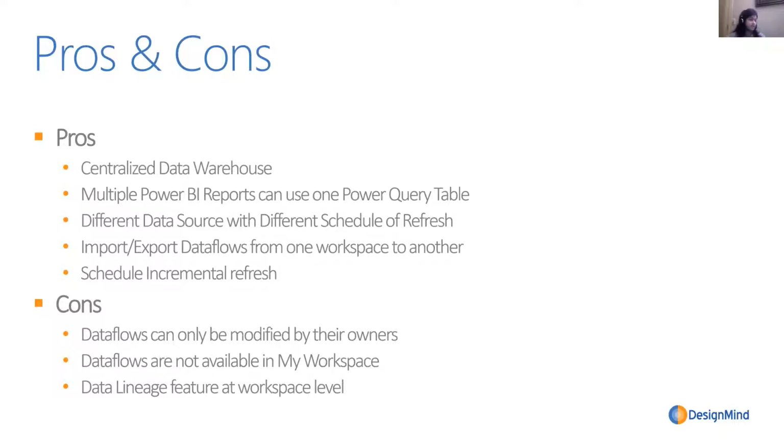And this is a limitation, especially when there are multiple workspaces in your environment and you have multiple report developers. It might become a little difficult to keep track of all the data sets that use your data flow.